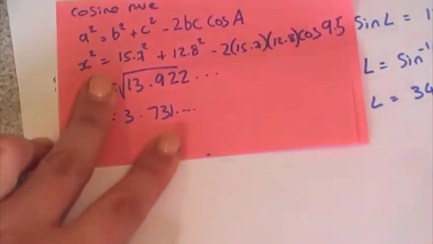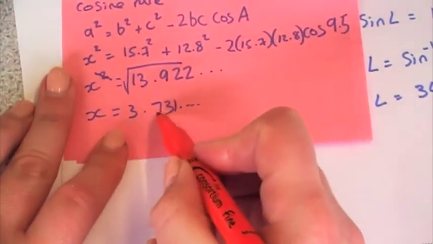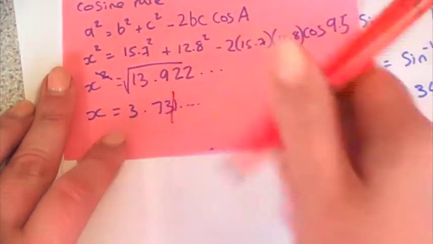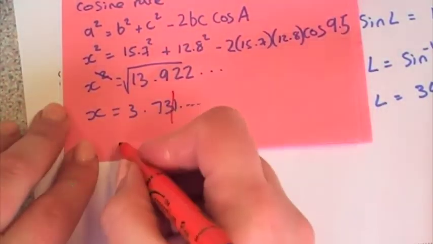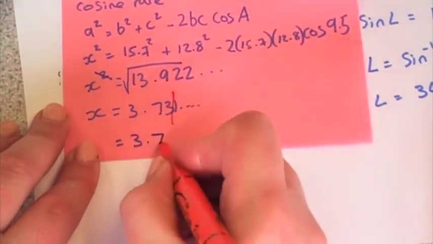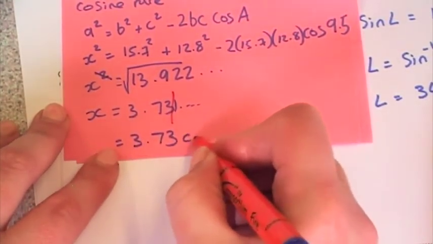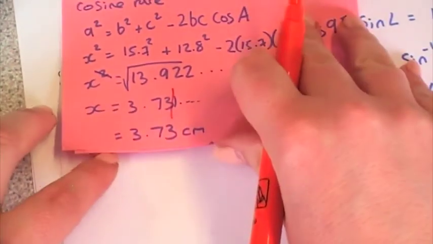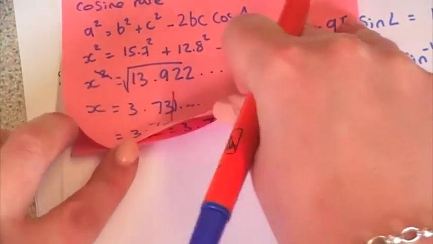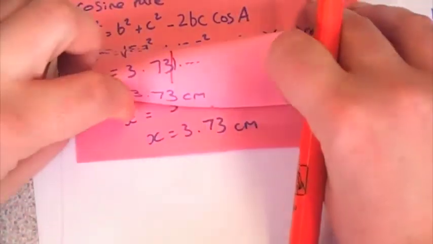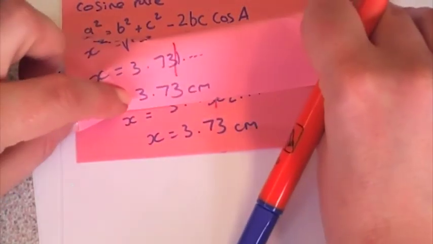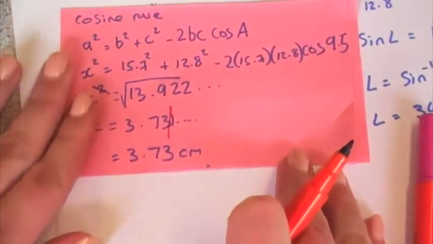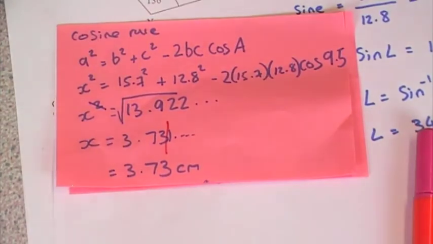So that is 1, 2, 3, cut off after the 3, the 1 has no effect. So x equals 3.73 centimeters, and hopefully you can see it matches up with the answer I got for the sine rule. So you could use either sine or cosine.